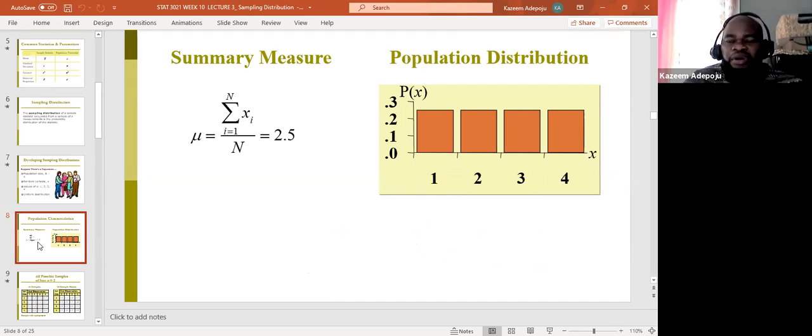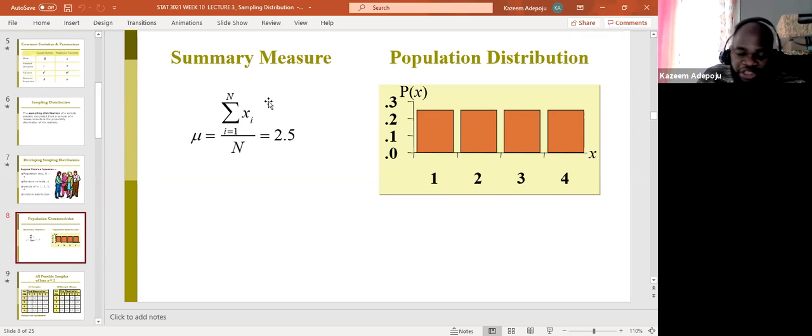Another thing I want to talk about is the mean. If I want to get the population mean, I'm going to sum the observations together and divide by the number.